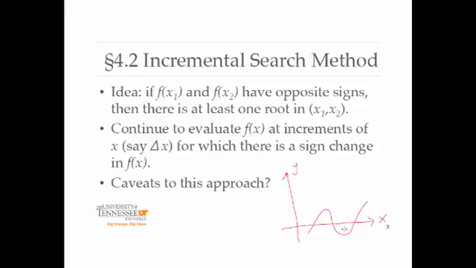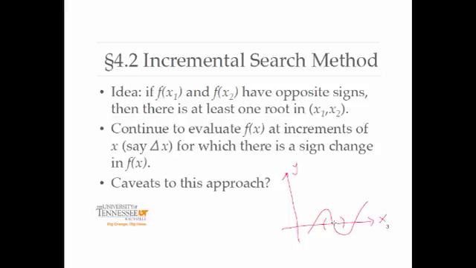So if I can find a place where the function is positive and then I can find a place where the function is negative, then I've got an interval where that function must have a 0. So I've indicated here on the axis that I know where the function is positive and where it's negative, so there must be a root in between those boundary values.